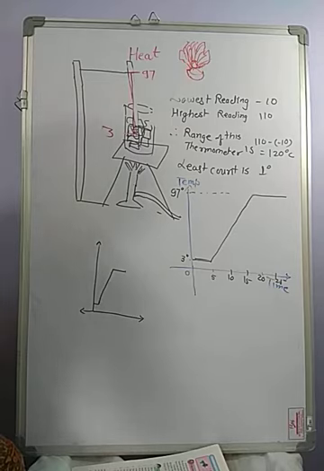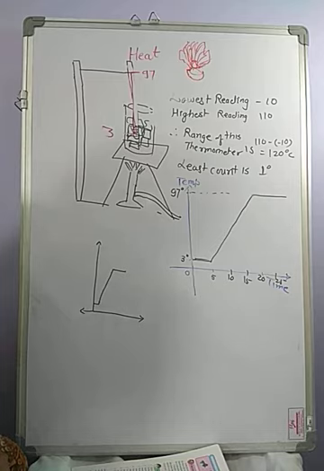Now let us see the definition of latent heat. The amount of heat energy absorbed at a constant temperature by unit mass of a solid to convert into liquid phase is called specific latent heat of fusion of that substance.